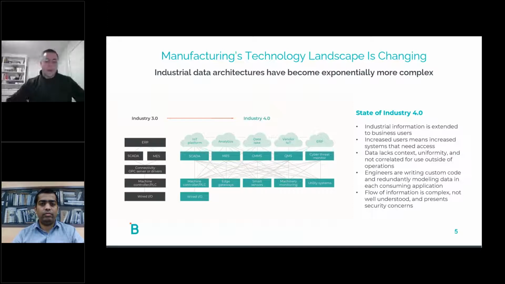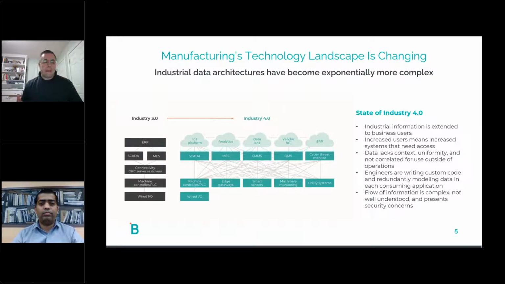But what we see with Industry 4.0 is an evolution into taking that data that for many years has been available in the OT domain to execute on the automated processes and pull it into the business domain so that companies can start leveraging this data throughout their entire enterprise and their extended enterprise through their supply chain.